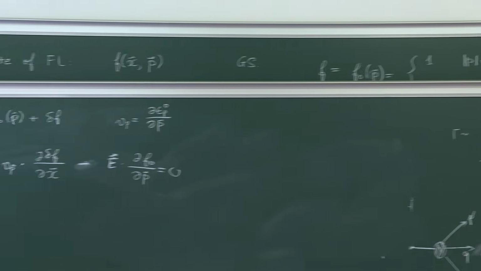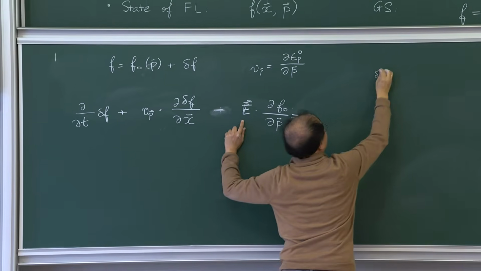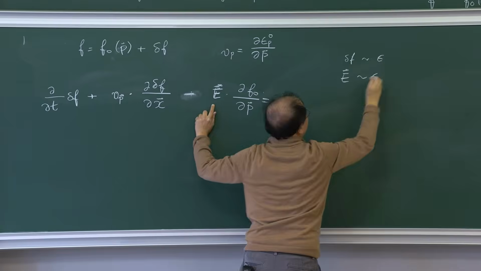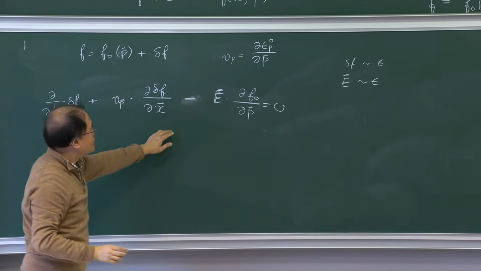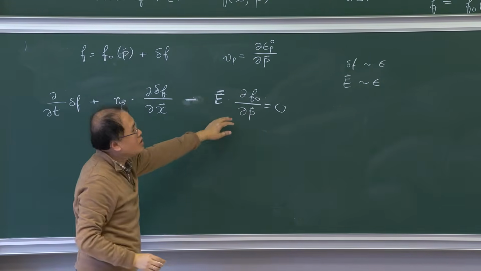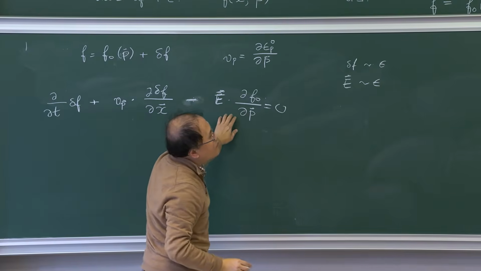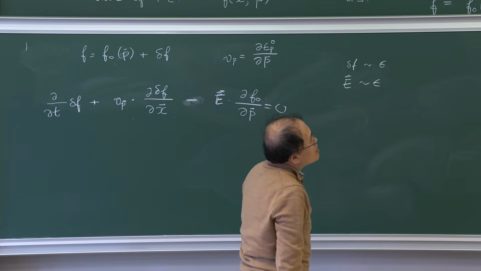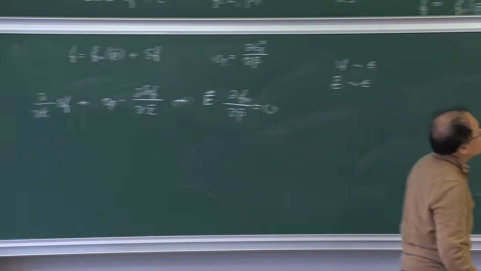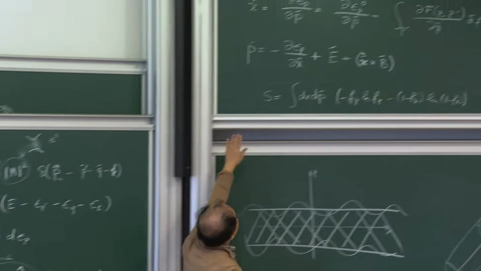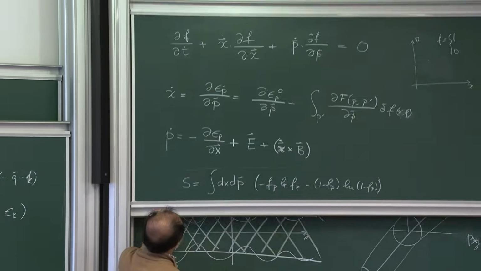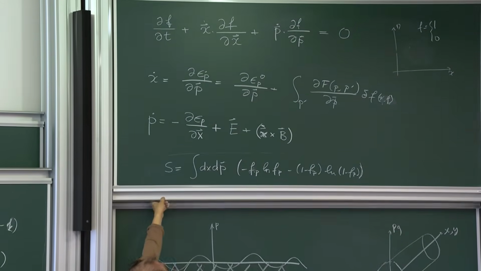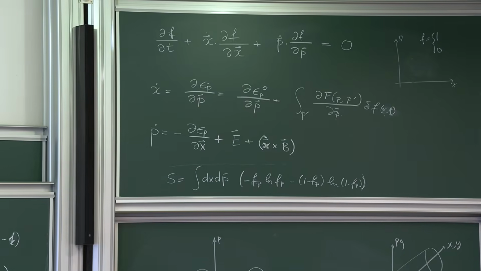Here I assume delta f is small and the electric field is small also because I'm doing linear response. Solving this equation, what did I omit? I think I have to have plus. I have to check the sign in my notes. I think it's plus.